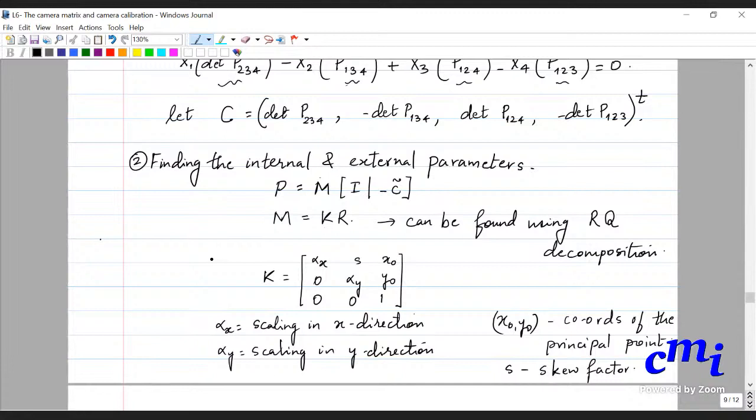Maybe the image is not being taken properly, or another reason is simply that the camera is very cheap and was not using good components. Anyway, this has to be almost 0. You will never get an exact 0, as you have seen in numerical linear algebra; getting an exact 0 in all these computations is not possible. But it should be almost 0. And the point that you will get here, x0, y0, 1: this x0, y0 will be exactly the coordinates of the principal point.